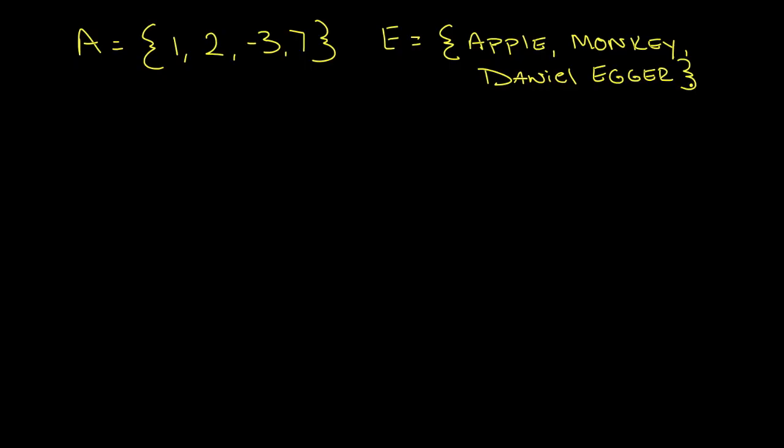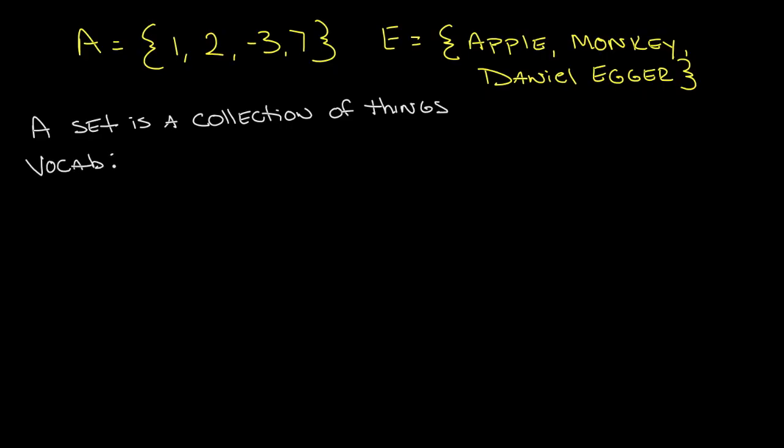Okay, so what can possibly be a general notion that meets these two ideas? Basically, a set is a collection of things. Doesn't really matter what those things are. A little bit of vocabulary: a set is made up of elements.